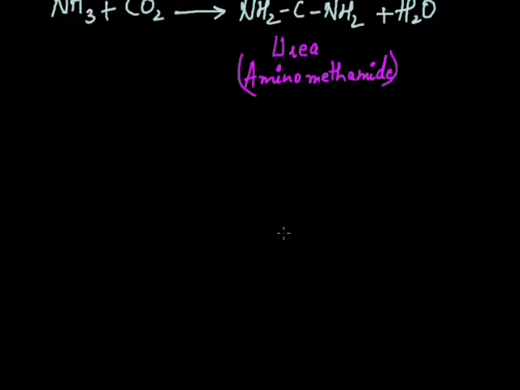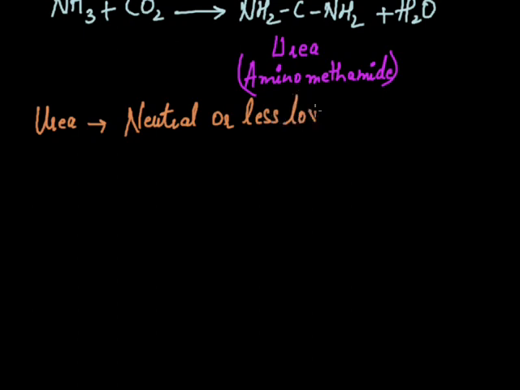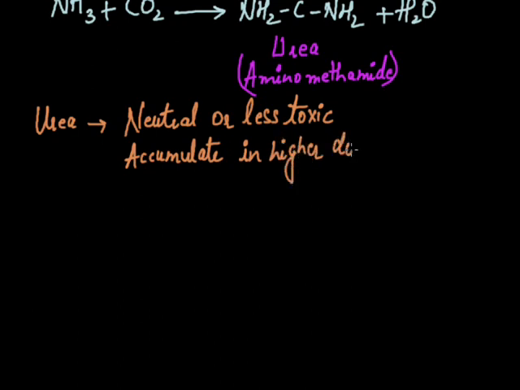Now some features of urea are: urea is almost neutral or less toxic as compared to ammonia, and it can accumulate in higher doses without any adverse effect as it is less toxic.